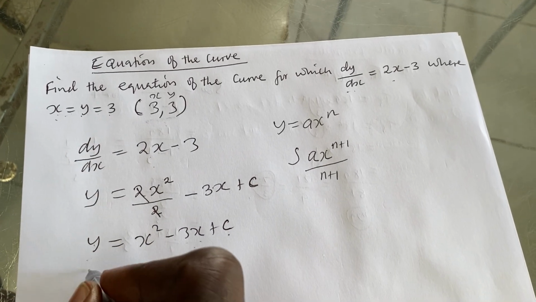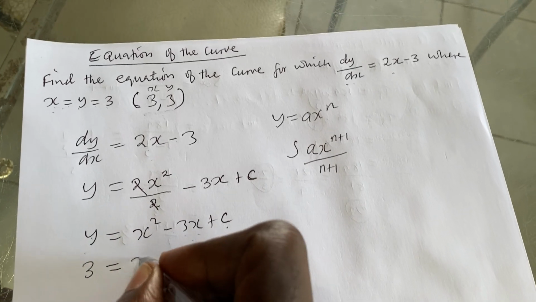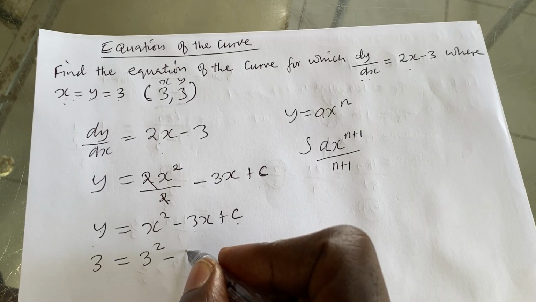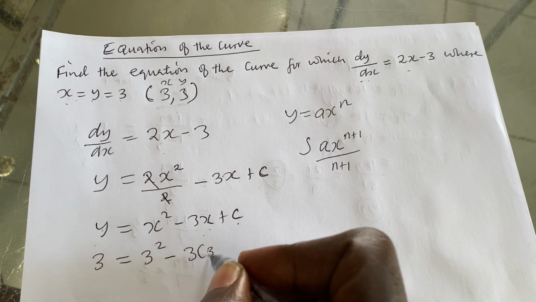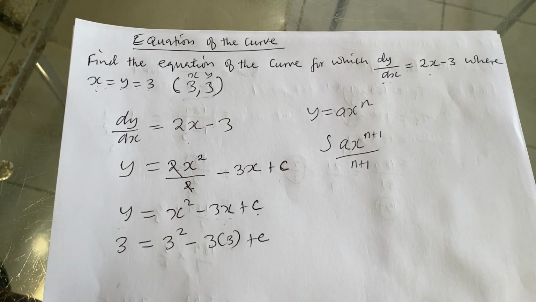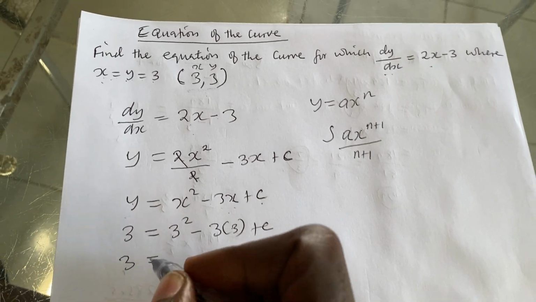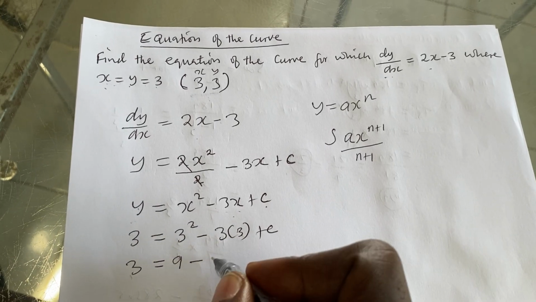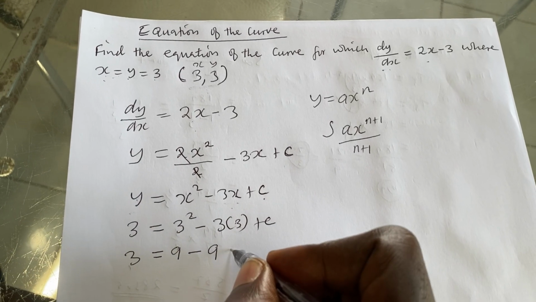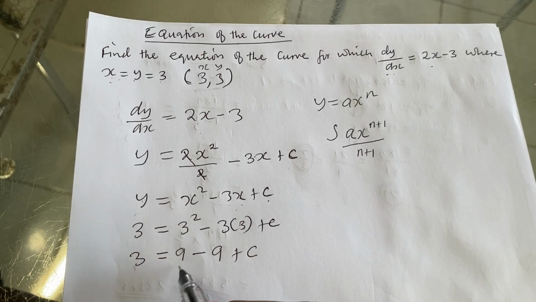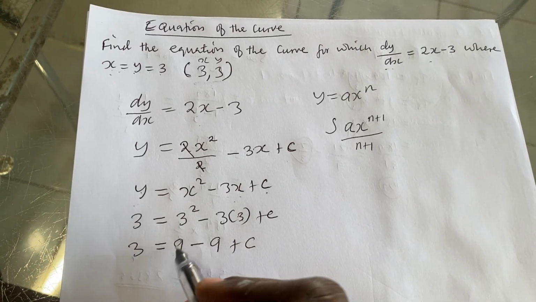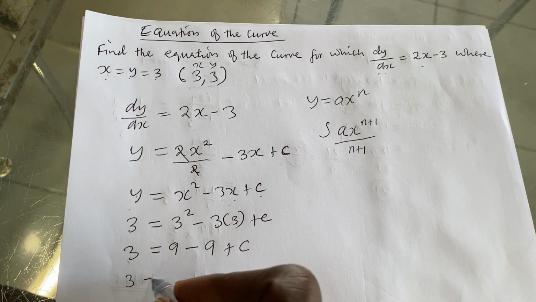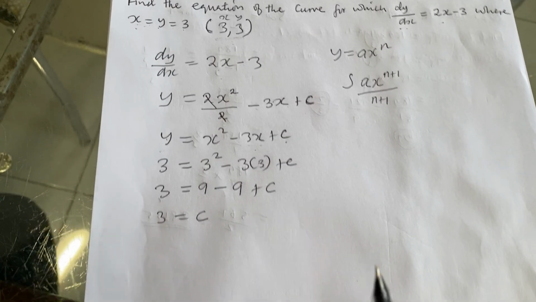So we have 3 is equal to 3 squared minus 3 times 3, then plus c. So I have 3 is equal to 3 squared, which is 9, minus 3 times 3, which is again 9, then plus c. As you can see, 9 minus 9 is 0. So 3 is equal to c, or c is equal to 3.